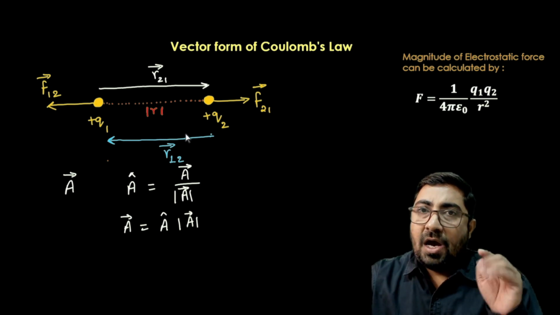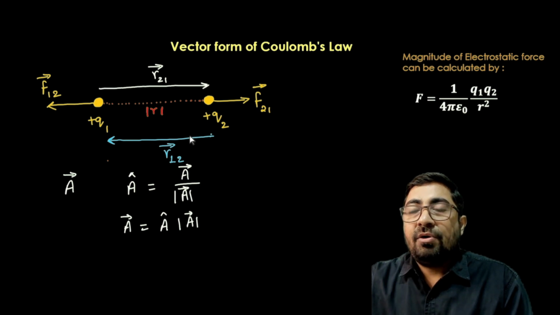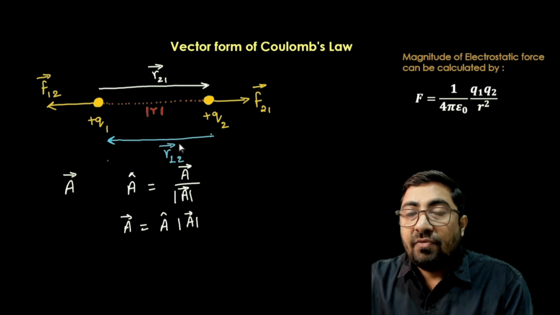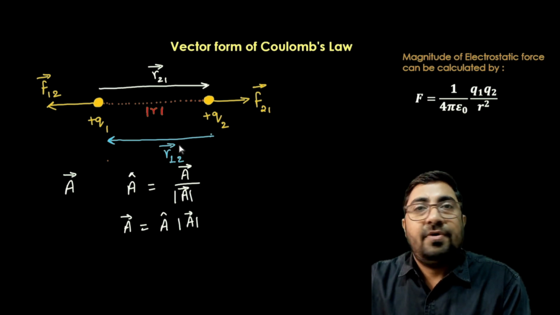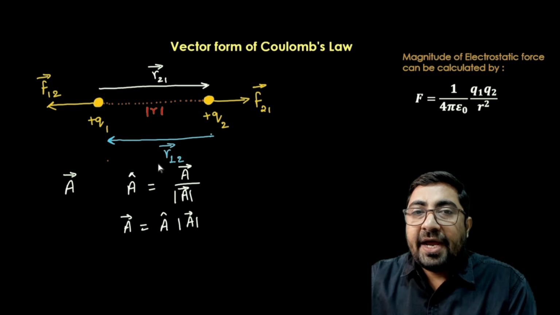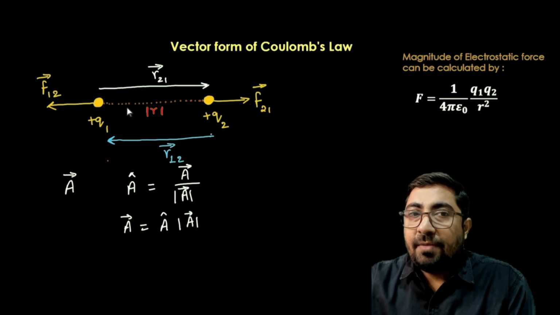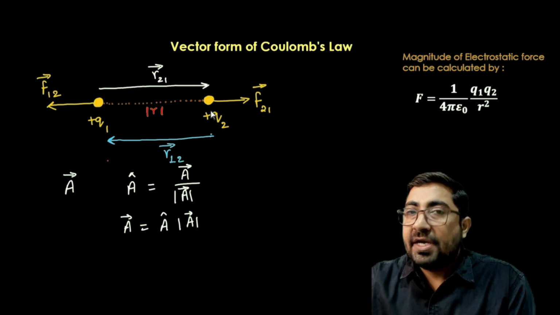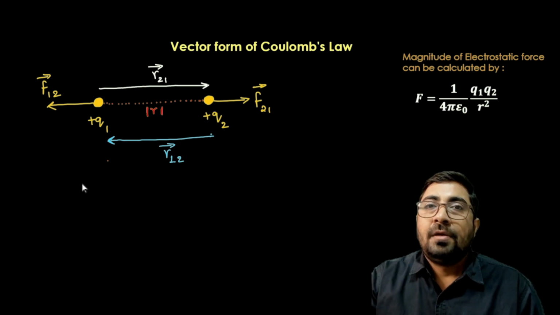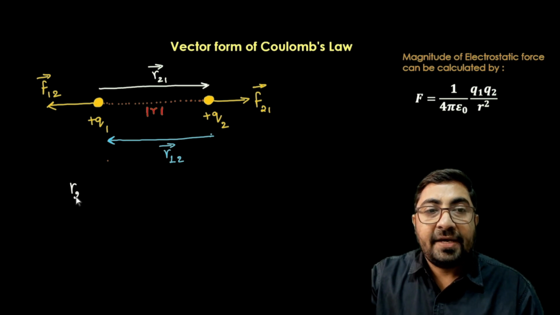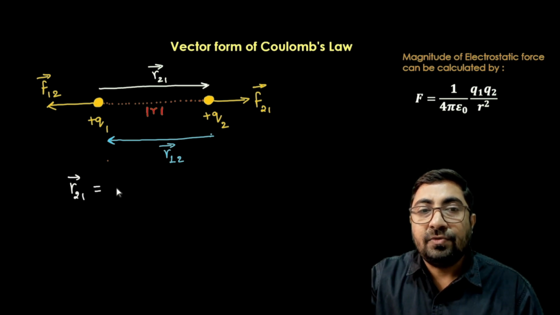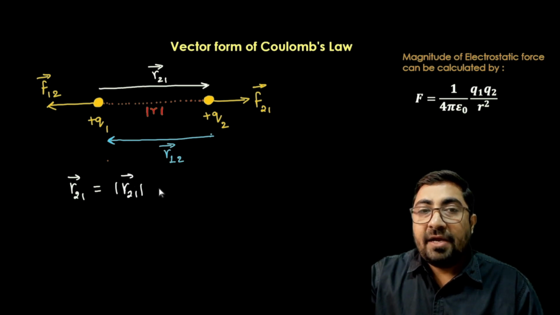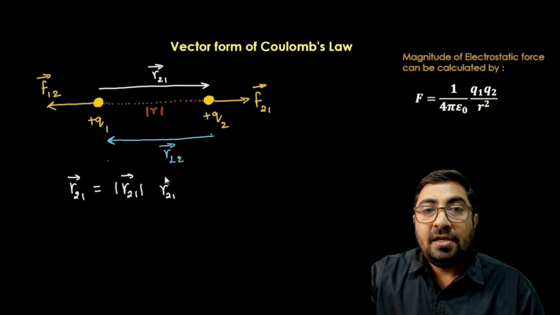So how can we write Coulomb's law in vector format? I have to put in the unit vector which indicates the direction of the forces. But note that the force is only applicable along the line joining the two charges, because this is the condition of Coulomb's law. I can write the vector r21 equals the magnitude of vector r21 multiplied by the unit vector of r21.